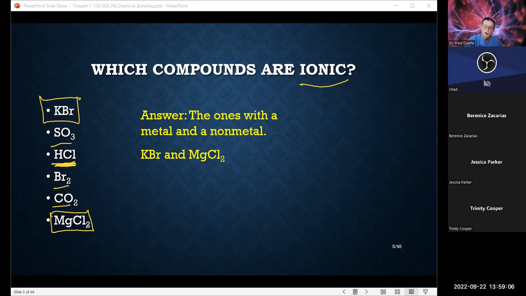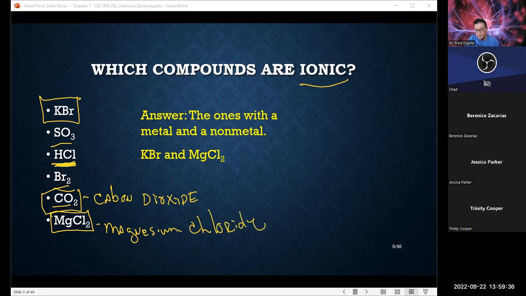Notice the trend here in naming compounds. I want you to pick up on something. We just established that CO2 is not ionic, it is covalent. But the name that we give it is carbon dioxide. As compared to MgCl2, which is simply called magnesium chloride.